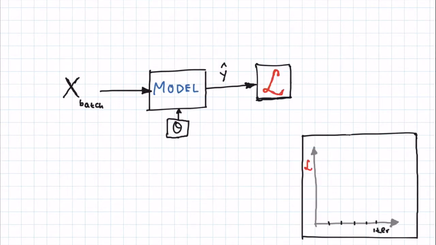Here's one way to visualize how our loss function works with our model. After each training iteration, we'll compare the outputs of the model, y hat, with the true labels y by passing them together into our loss function. And the output of our loss function gives us a signal that we can use to update our thetas.